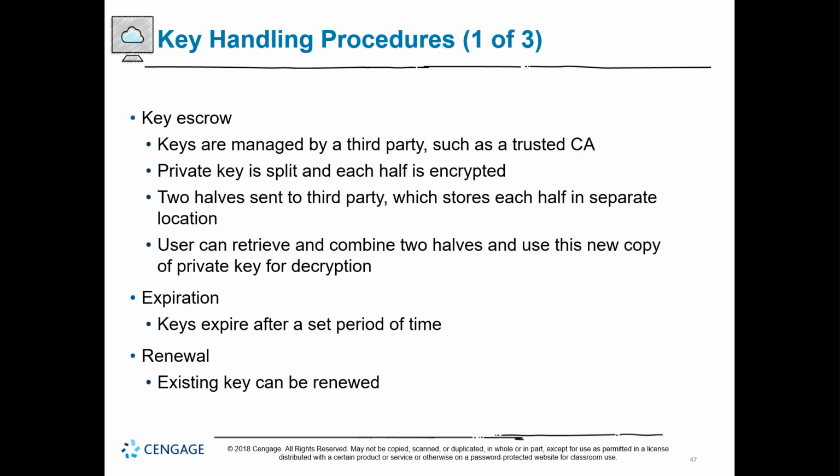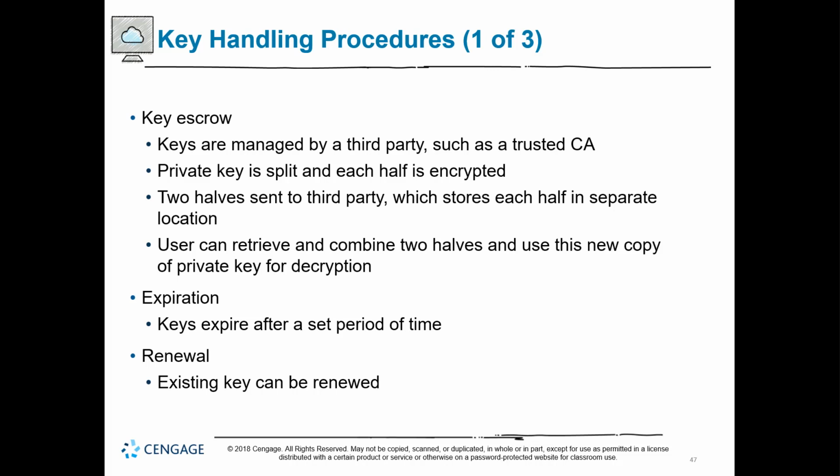This is what gets into handling procedures of these key pairs. We have what's known as a key escrow, and this is where keys are managed by a third party, such as a trusted certificate authority. These private keys are split and each half is encrypted.